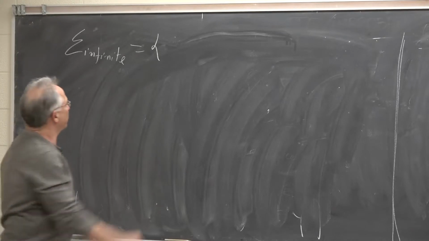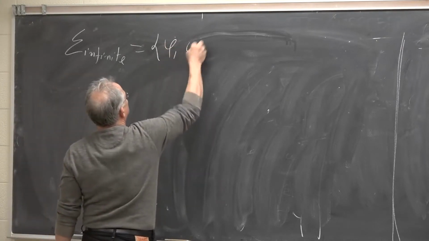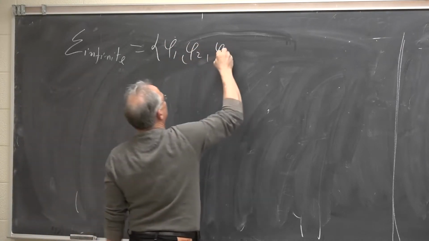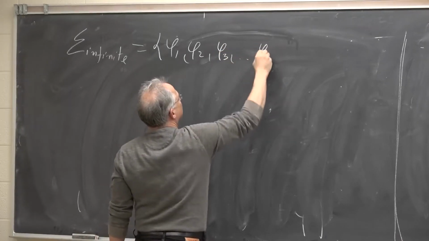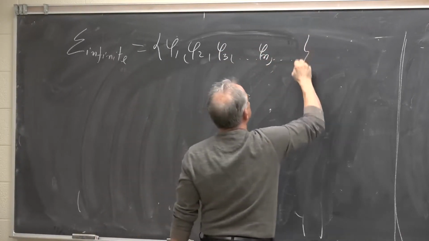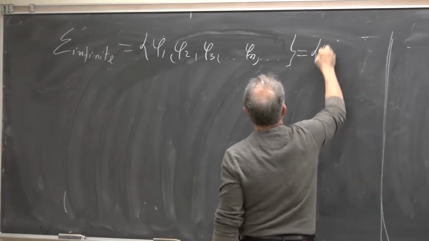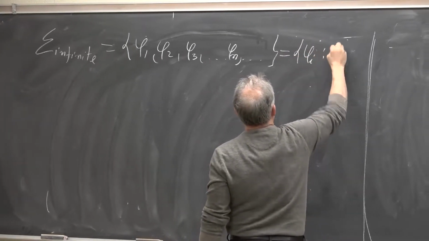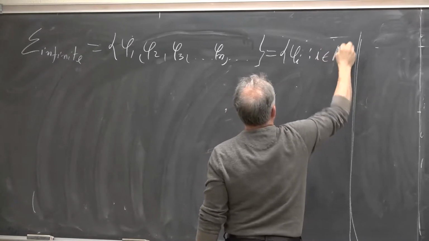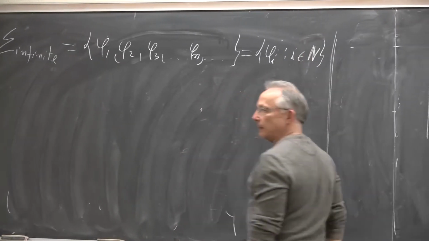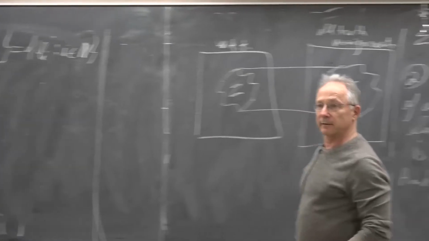So it was phi 1, phi 2, phi 3, phi n. So sigma will be infinite, or I can write it like this. It's the set of all phi i such that i is a member of the natural numbers. So note that each phi i is finite.